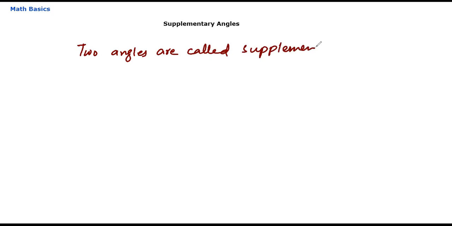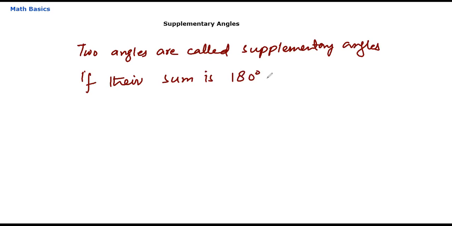Now next we have supplementary angles. Two angles are called supplementary angles if their sum is 180 degrees.